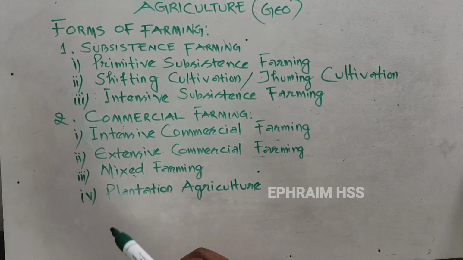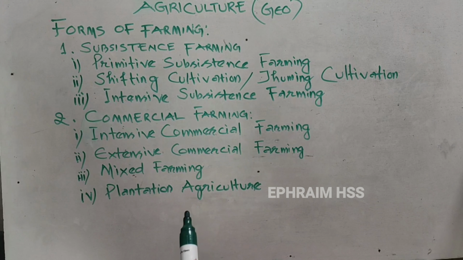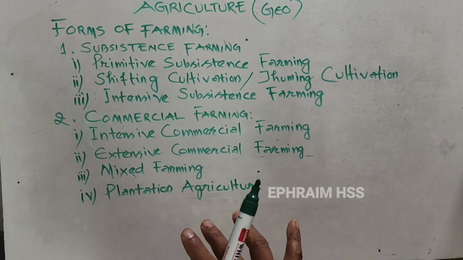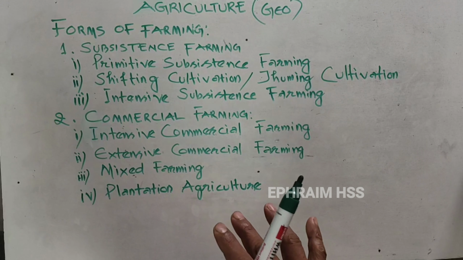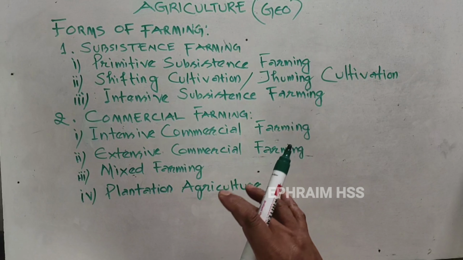Extensive commercial farming. This type of farming is practiced mainly in a sparsely populated area where ample land is available for cultivation. So such types of farming are practiced in places where the population is low and there is more land.